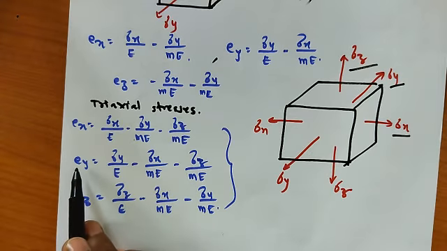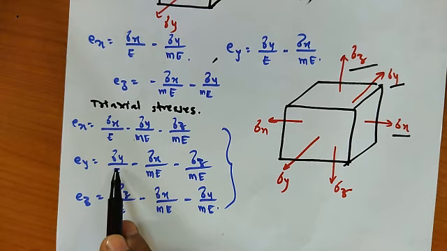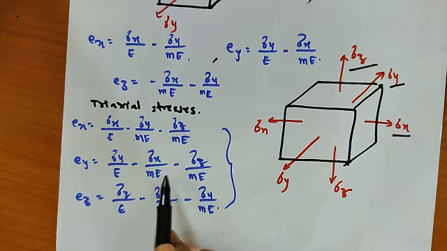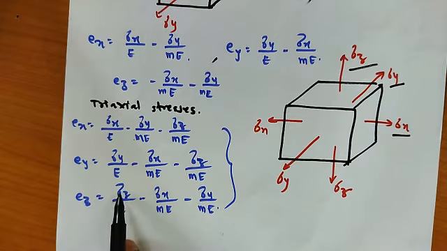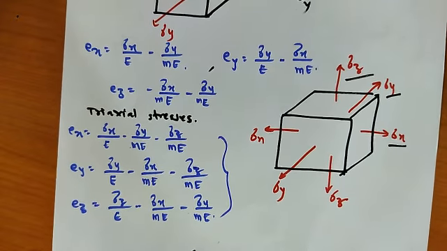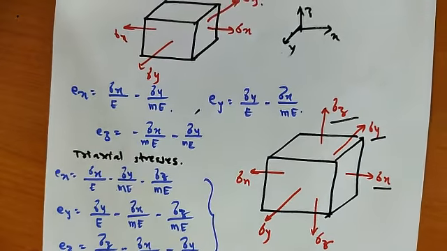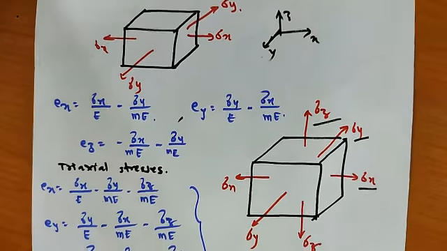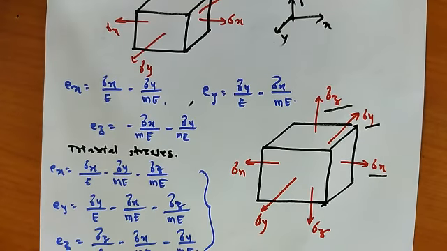Similarly, the Y directional strain E of y is equal to sigma Y by E minus sigma X by mE minus sigma Z by mE. Then E of z is equal to sigma Z by E minus sigma X by mE minus sigma Y by mE.